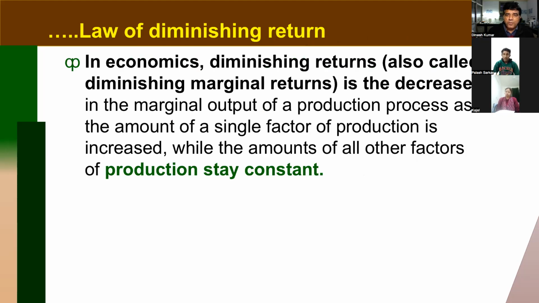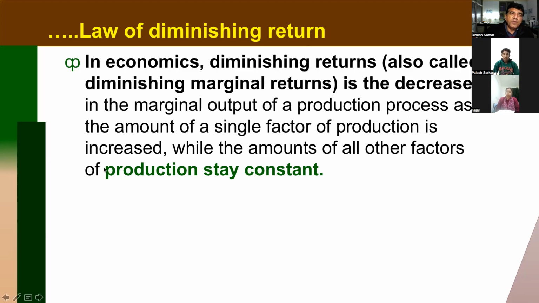Now you see some more meaning. In economics, diminishing return, also called diminishing marginal return, is the decrease in the marginal output, it is MP which is decreasing, of a production process as the amount of a single factor of production is increased, while the amount of all other factors of production stays constant. So here all other factors are kept constant. It is only one factor, a single factor, whose value is increased.